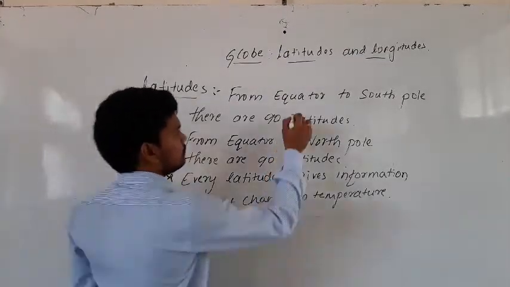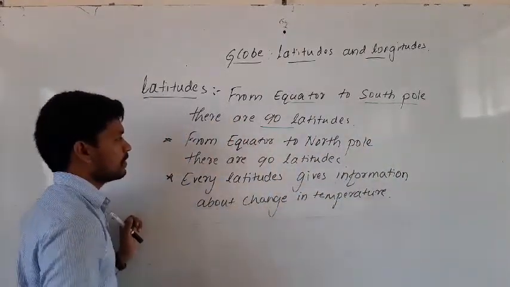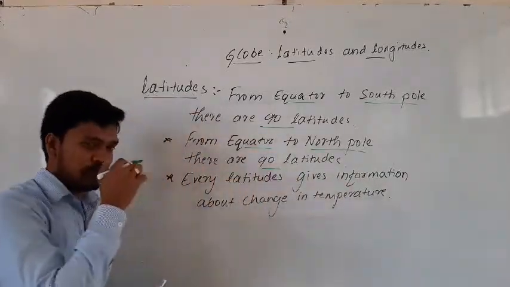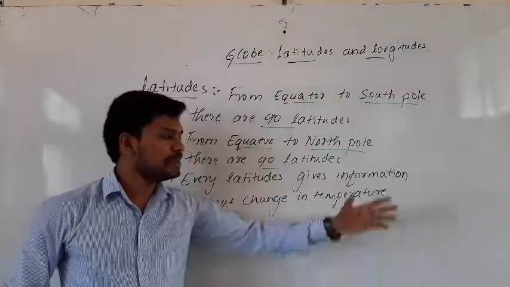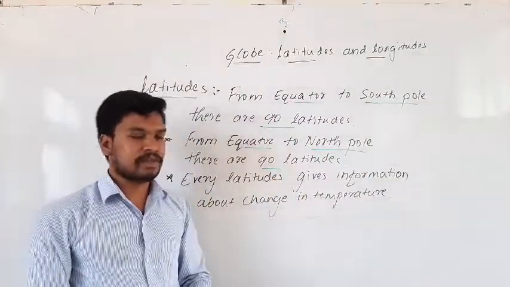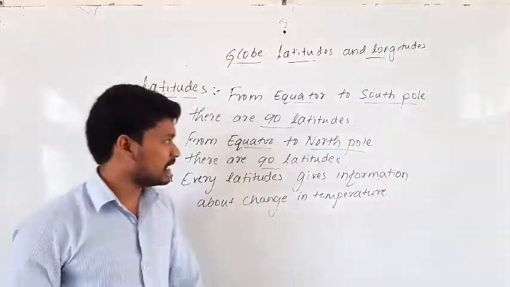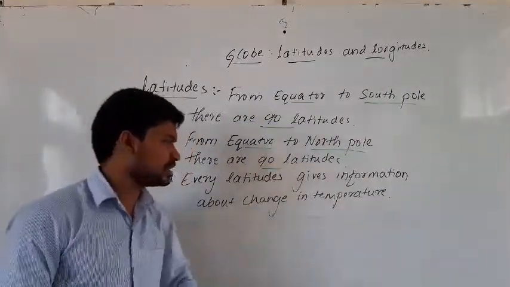From the equator to the South Pole, we have 90 latitudes. From the equator to the North Pole, same, we have 90. Why do we have 90 in both the northern and southern hemispheres? These are the hemispheres, which means they are equal to each other. So for that reason we have 90 latitudes there and 90 latitudes in the south and north.